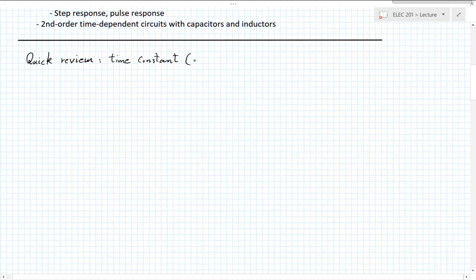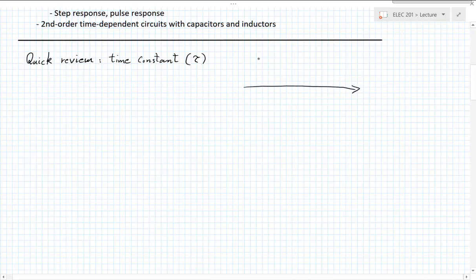Very often you see the letter tau used for it. And by this we mean essentially the time scale that defines an exponential decay. Okay? And at an abstract level, you can think of it like this.